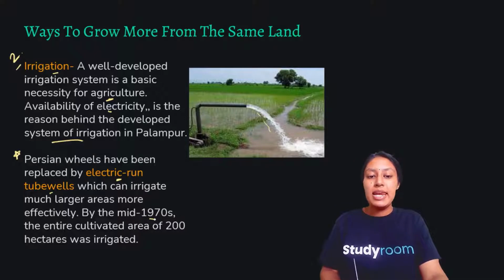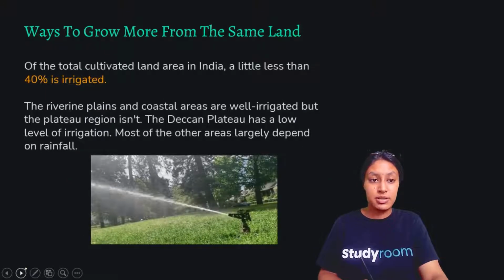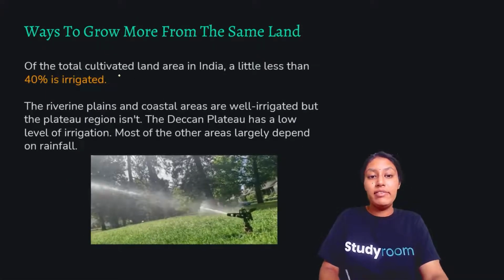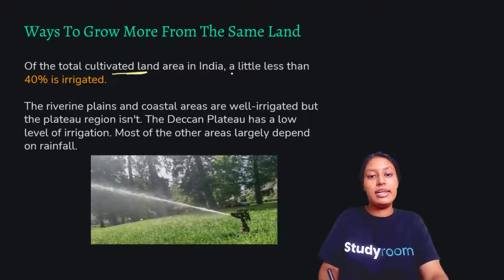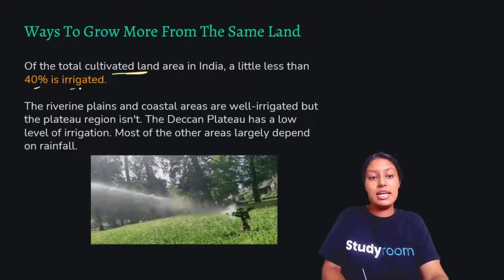By the mid 1970s, the entire cultivated area of 200 hectares was irrigated. So 200 hectares of land was irrigated through this system. You can wonder how effective this system is. Of the total cultivated area in India, less than 40% is irrigated.